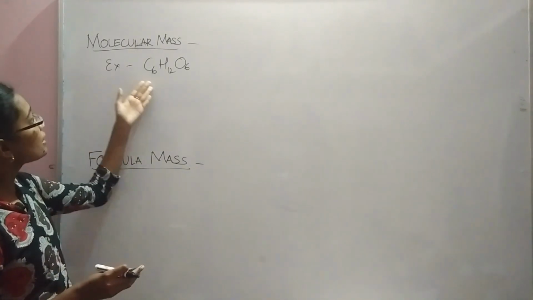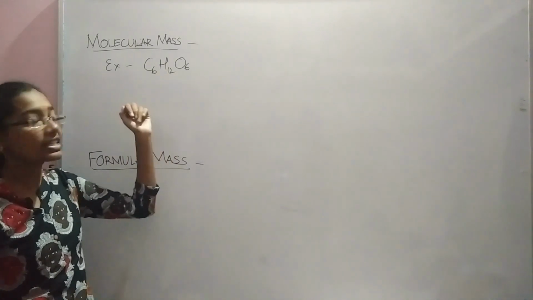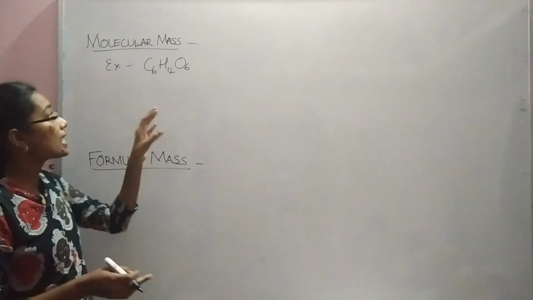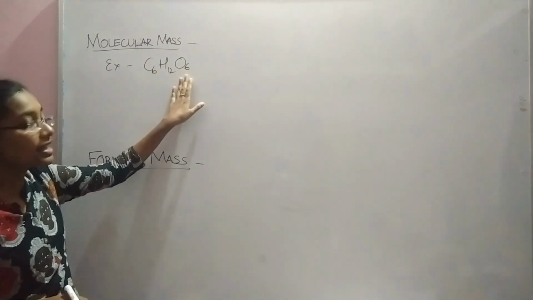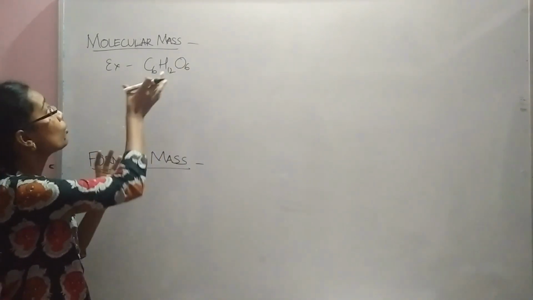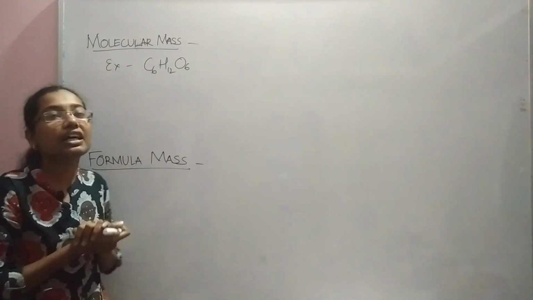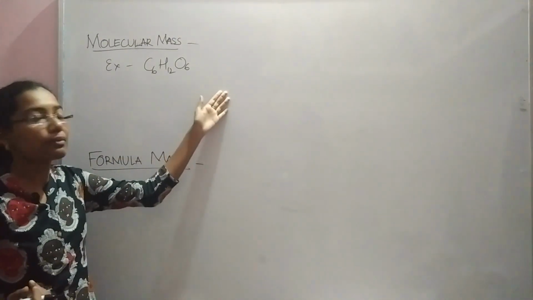In the glucose molecule, the molecular formula C6H12O6 tells that one molecule of glucose has 6 carbon atoms, 12 hydrogen atoms and 6 oxygen atoms. In this detail it tells about the molecule, and with the help of that molecular formula we can easily calculate the molecular mass of glucose.